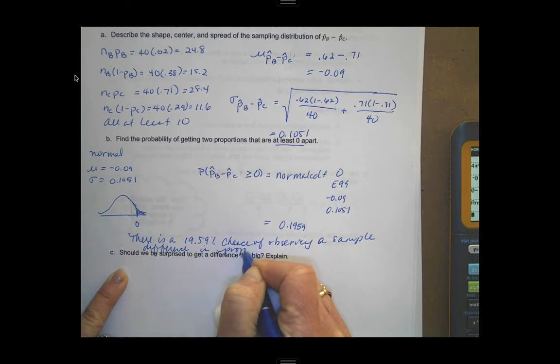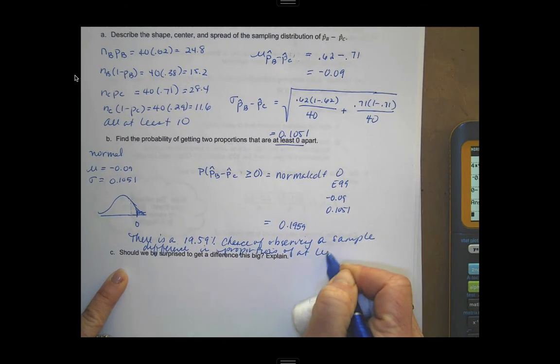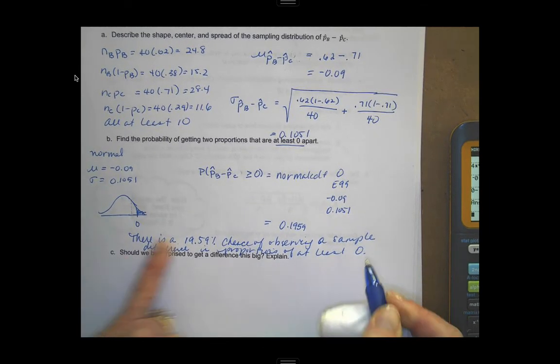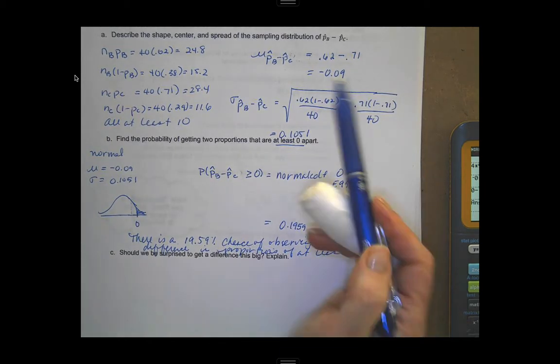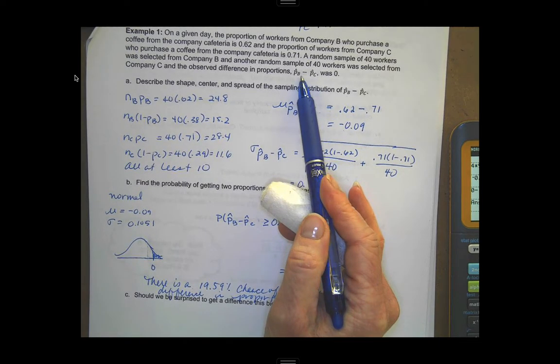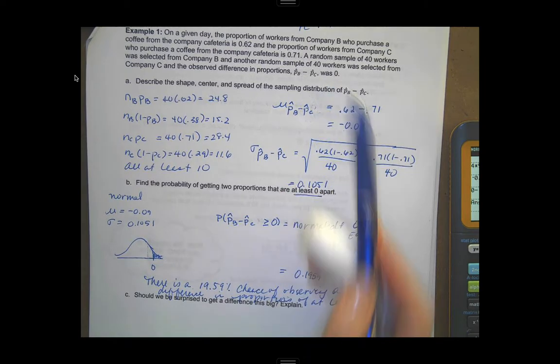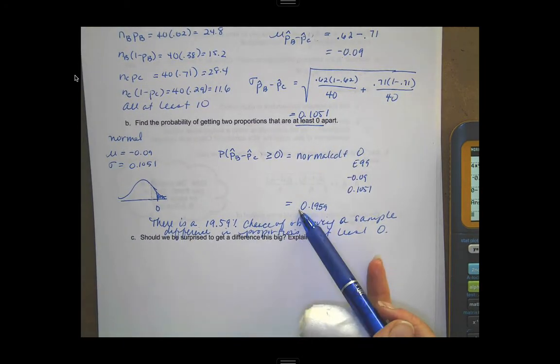So what I'm writing here is that there is a 19.59% chance of observing a sample difference in proportion of at least 0. So this is the true difference. They took some samples and they observed this difference here. The likelihood of observing at least 0 is 19.59.